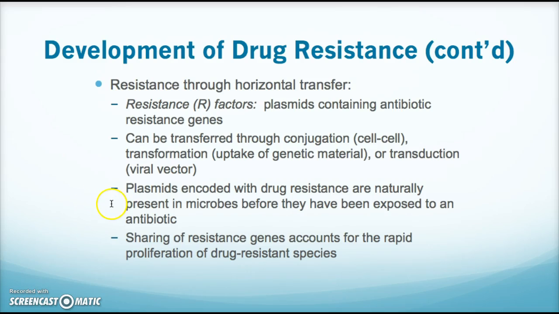Okay, these plasmids that have drug resistance are naturally present in some microbes, even if they haven't been exposed to an antibiotic. It's just the sheer number of these bacteria, some of them are bound to carry a gene that makes them resistant to a particular antibiotic. And so it's actually the sharing of resistant genes that causes this rapid proliferation of drug-resistant species.